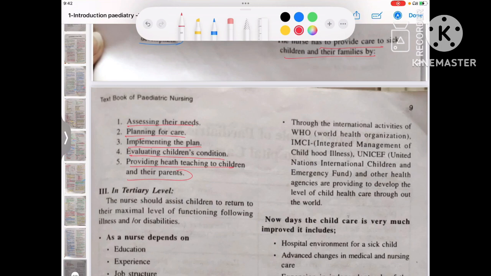After treating the children, we will teach or educate their family members, the parents, how to take care of the children, because the child is sick. So we will teach them. All these things come under the secondary level.